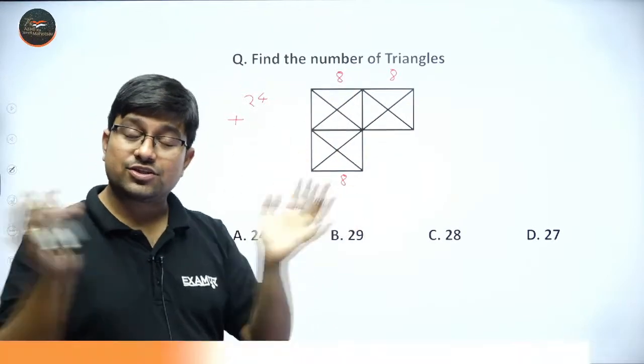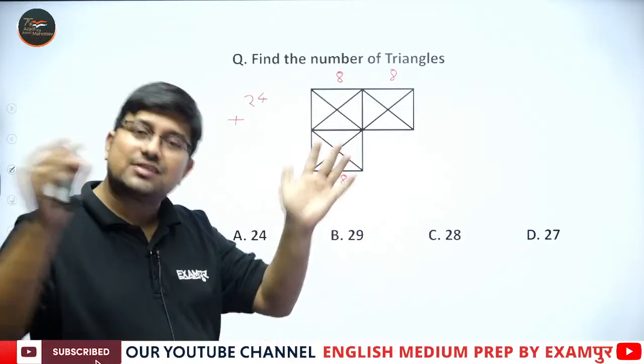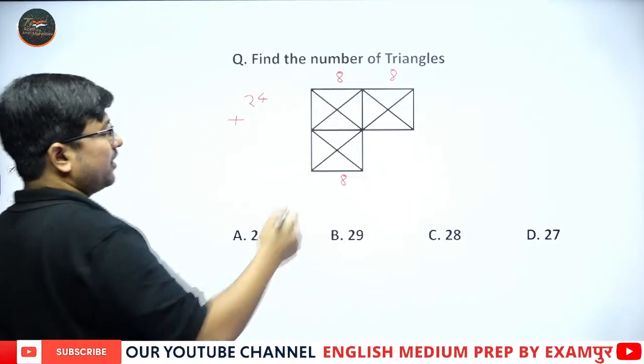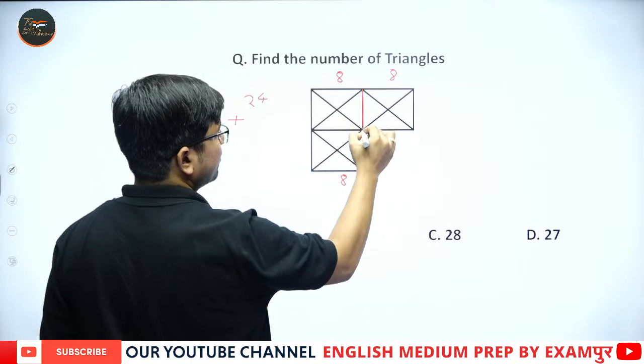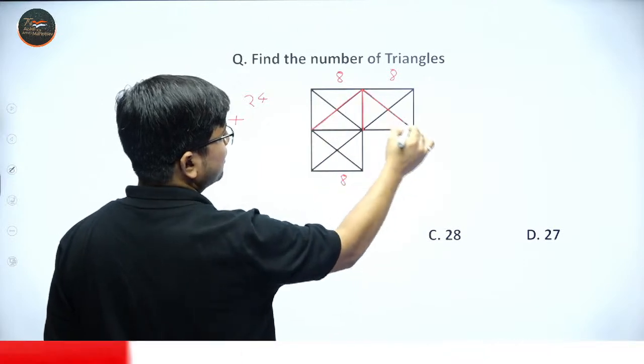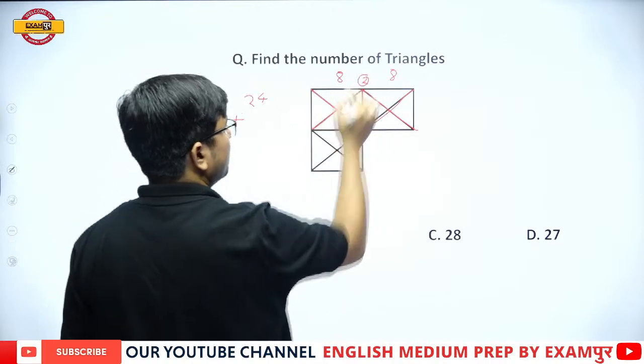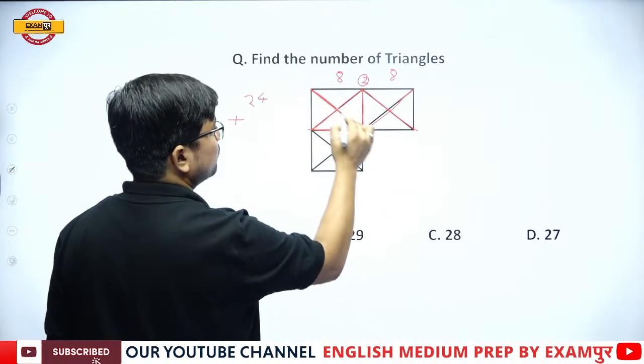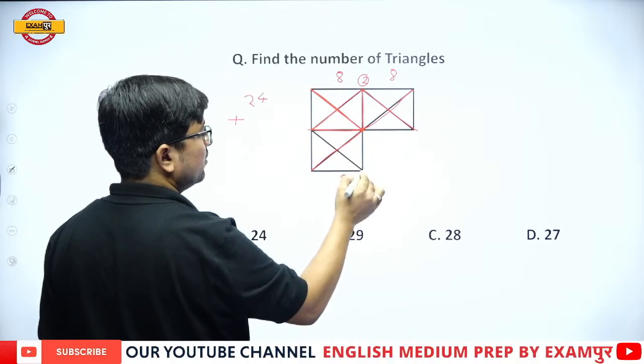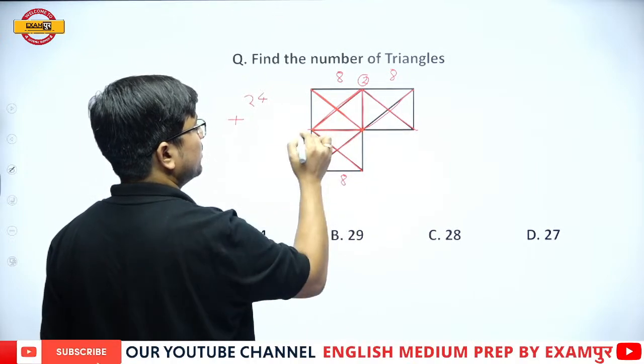But wherever such structures combine, for example over here, two additional triangles are formed. And here also 1 and 2 additional triangles.